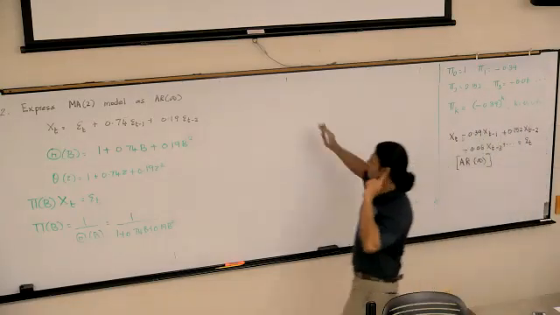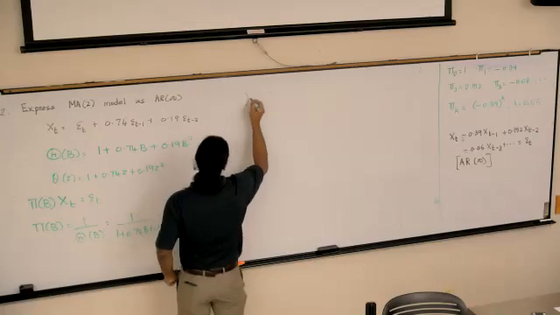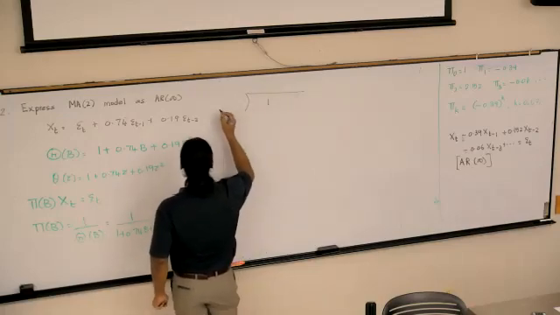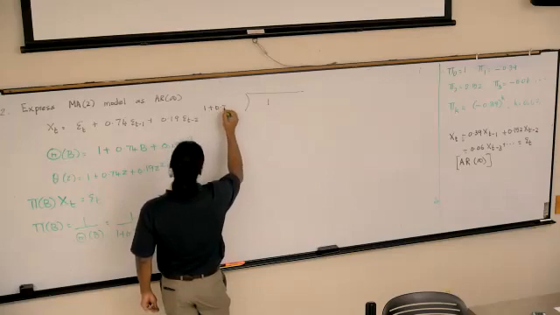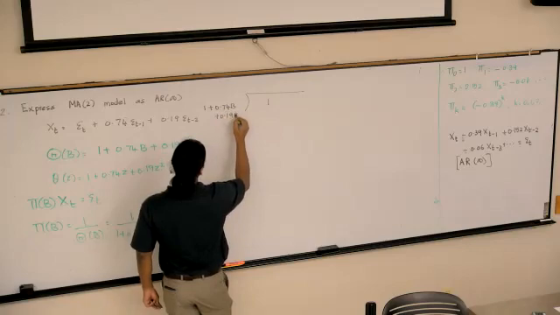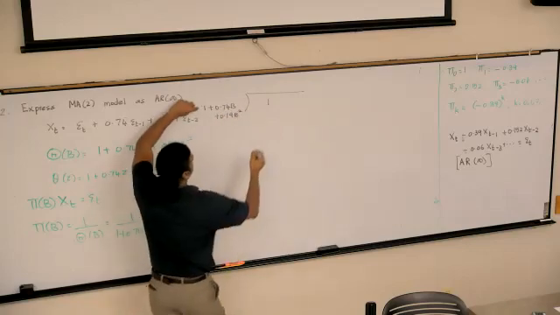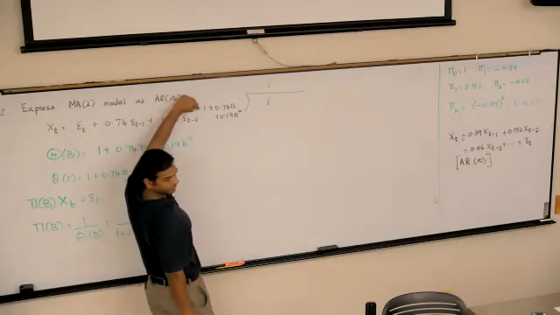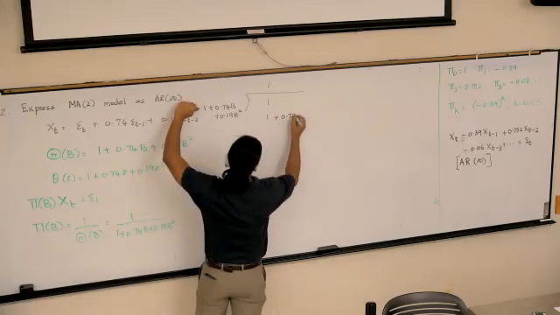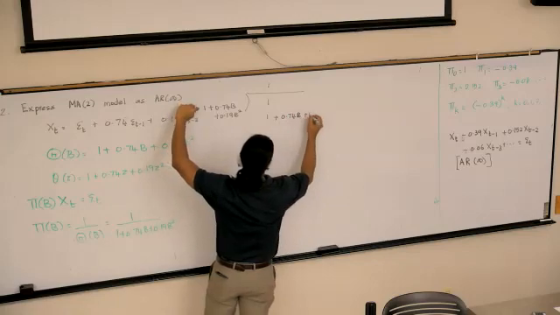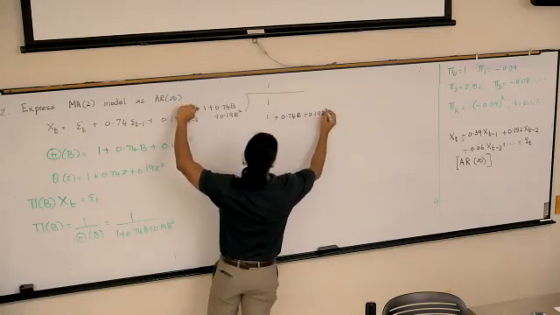So, with this long division, got to multiply by 1, so that I have 1 plus 0.74B plus 0.19B squared.